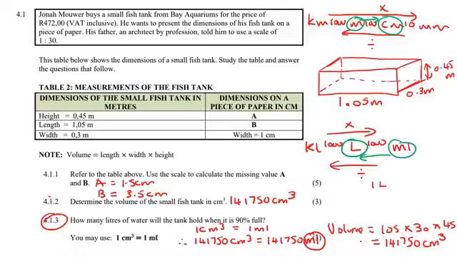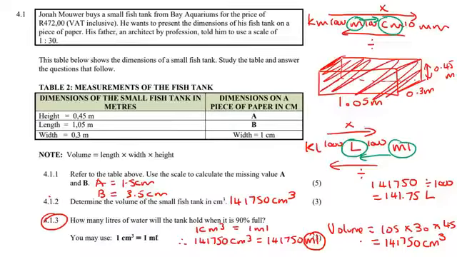So we will say 141,750 divide by 1,000. And that'll be 141.75 liters.